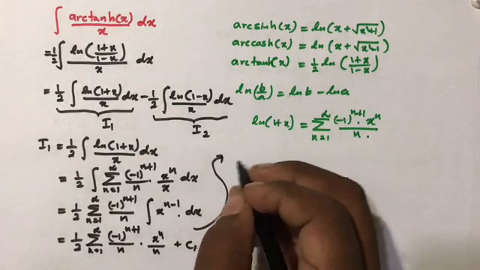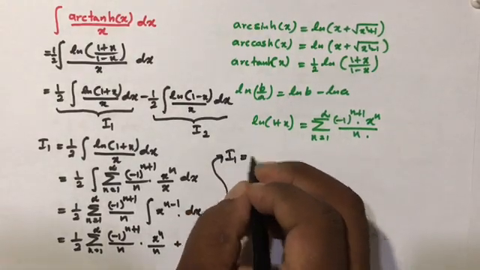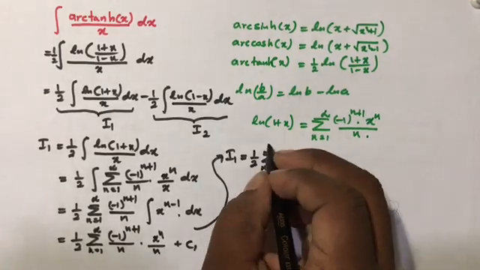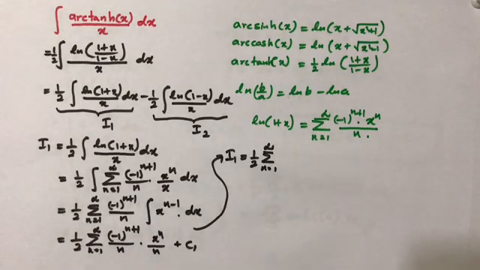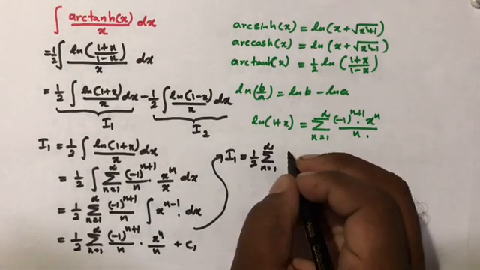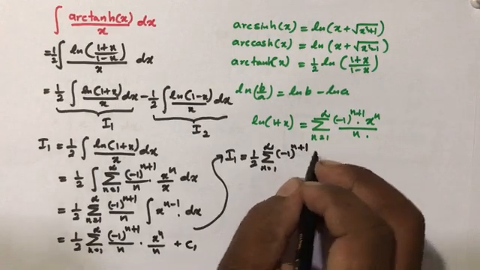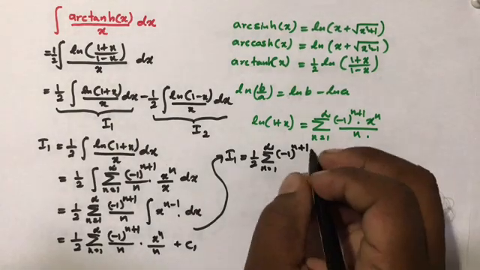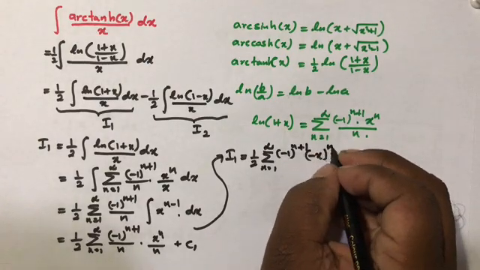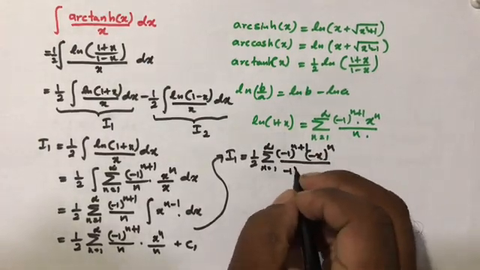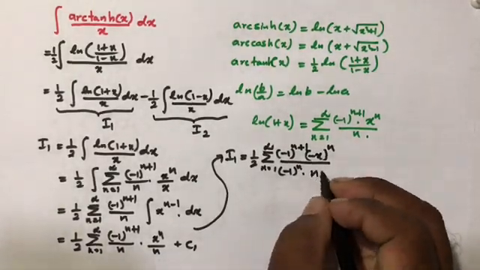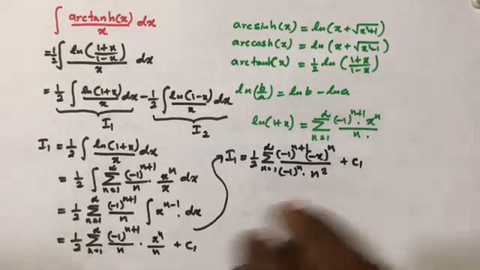Okay, then we can write now I1 is equal to 1/2 infinite sum n equal 1 to infinity, minus 1 to the n plus 1 power, and here x to the n. So now I am going to divide and multiply by minus 1 to the n. So we can write here minus x to the n, and we should divide it by minus 1 to the n, and here n times n, so n square, plus c1.